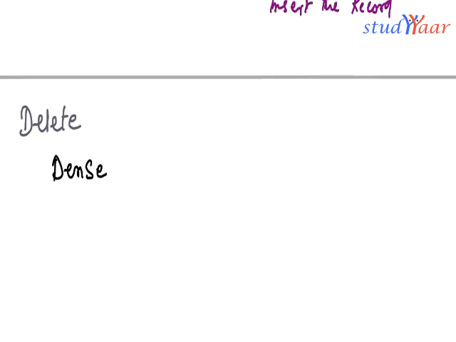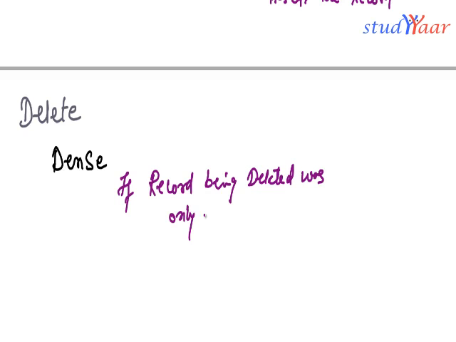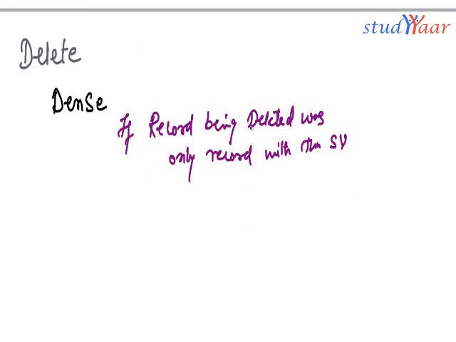In a dense index, if the record being deleted was the only record with that search value, then we delete the index entry.